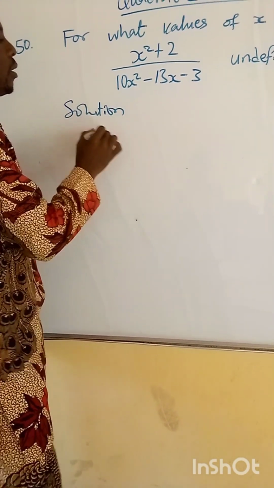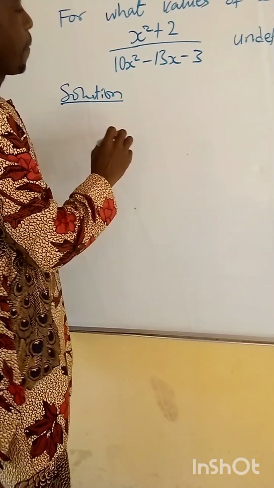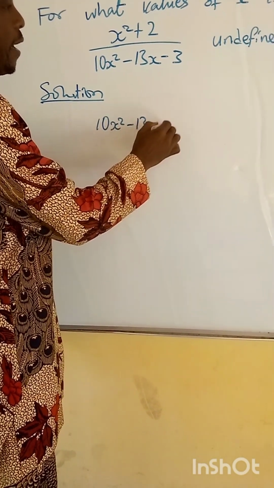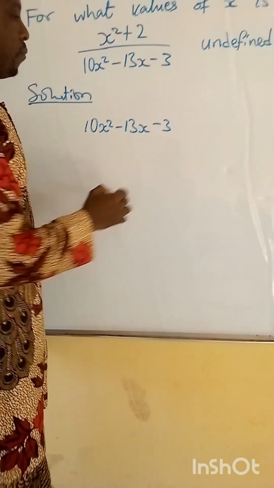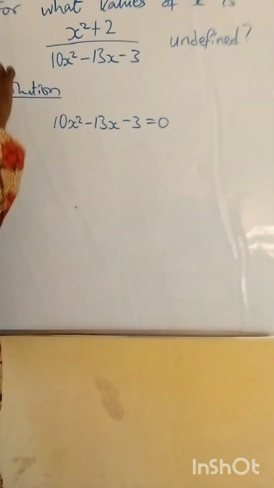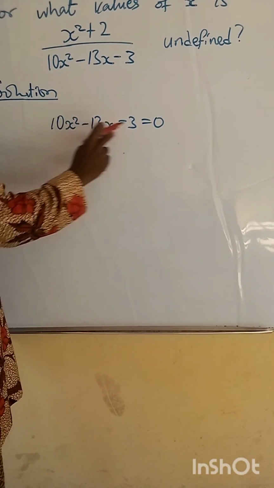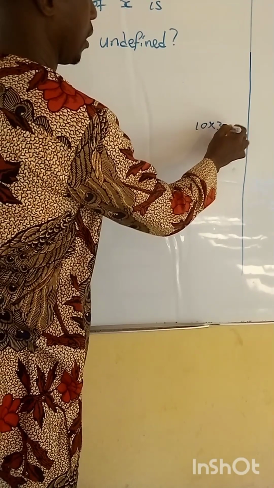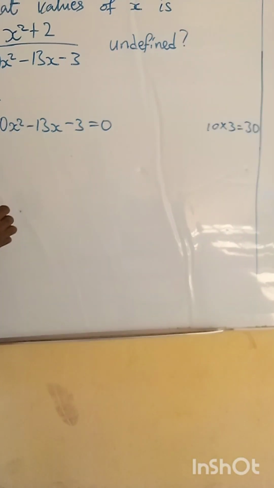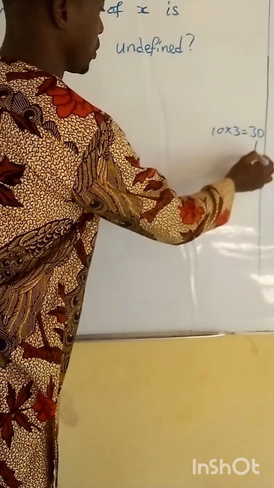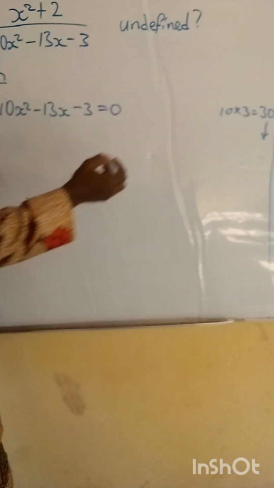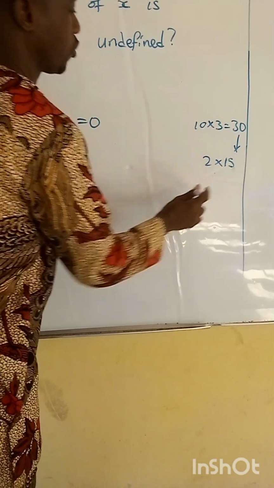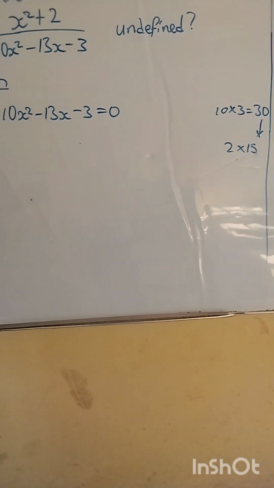Solution. Now, taking 10x squared minus 13x minus 3 equal to 0, we'll get the product of 10 and 3, which is 30, and we'll look for the factors of 30 that when we multiply them, we get 30, but when we add them, we get minus 13.